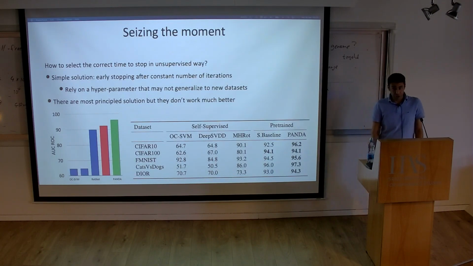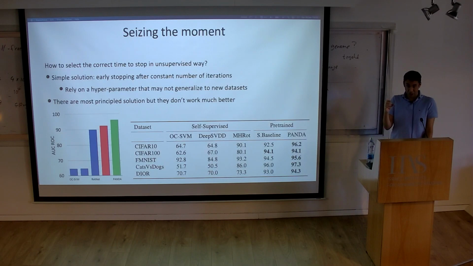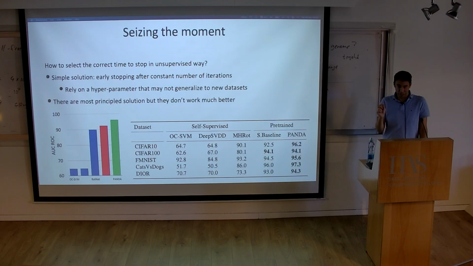We tried various techniques, you can see them in the paper, but what we found in practice is that there's basically a magic number for a constant number of iterations. If you stop at this number of iterations, then this is not a bad bet of being the optimal point.